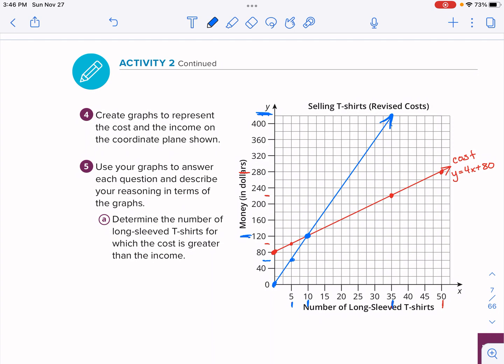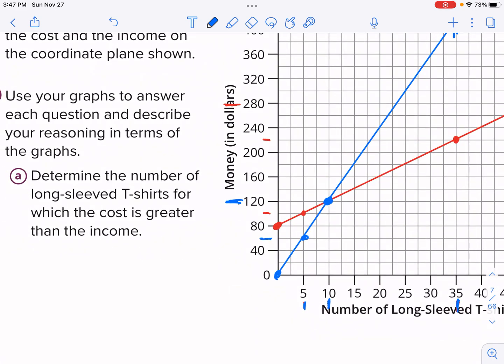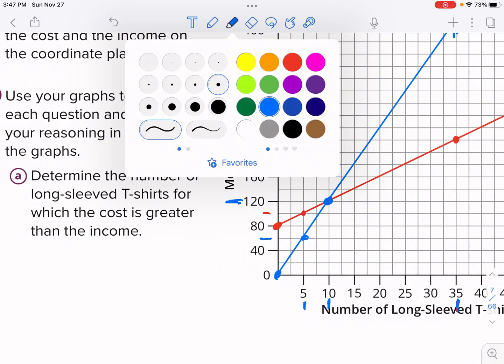Yep, and we'll draw an arrowhead to know that we're finished here. We have some more points, but we're going to go off the graph. Okay, all right. So, and then let's go ahead and write out. This is our income. And the equation for this was y equal to, not 8x, that was the last one, 12x.